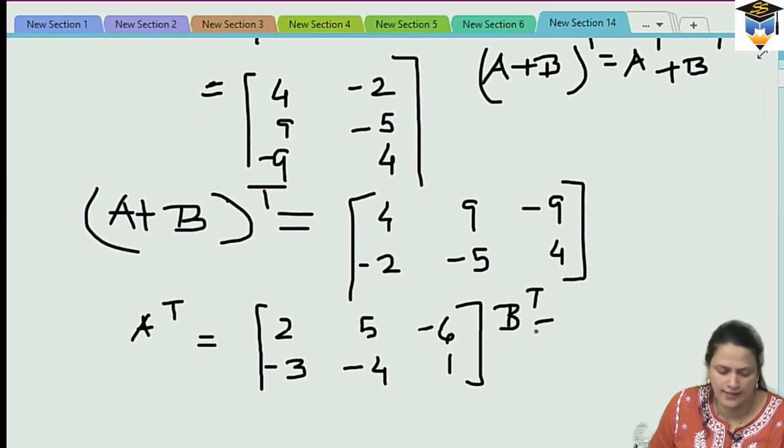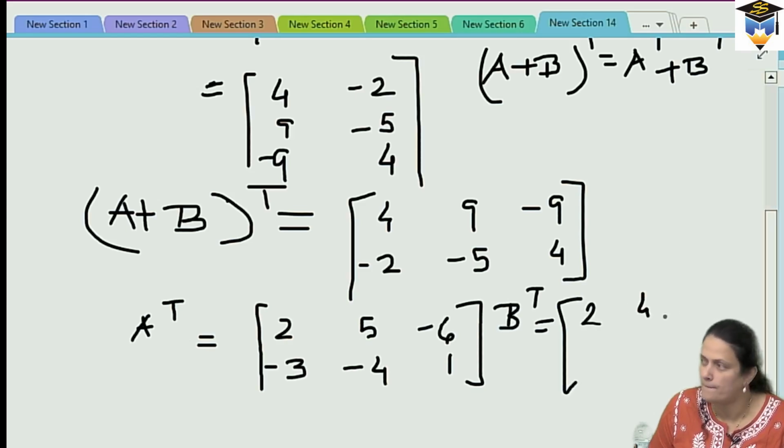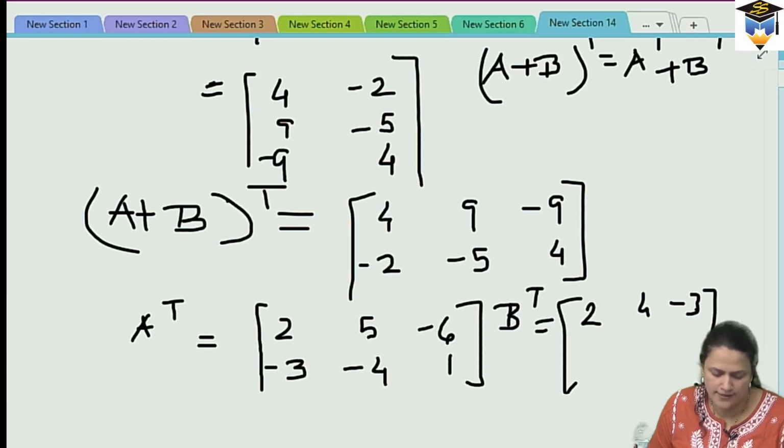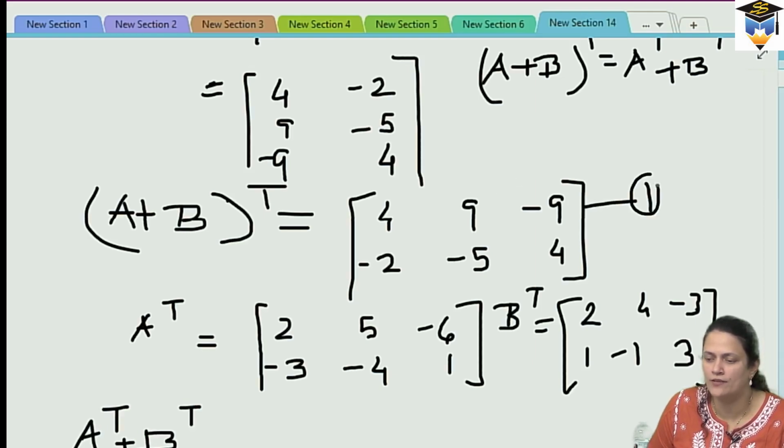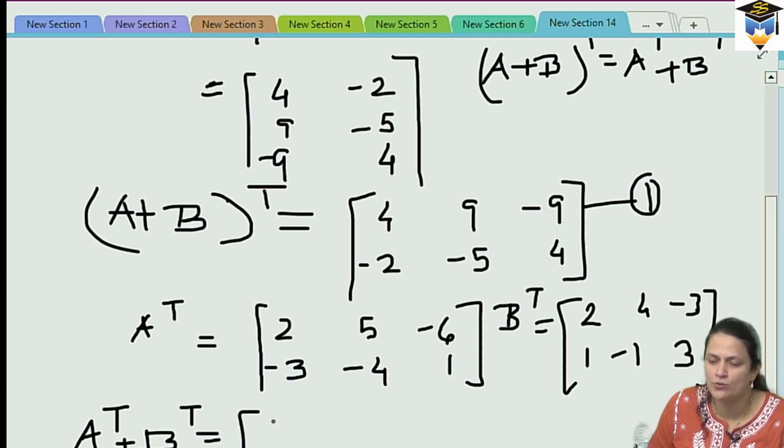B transpose is nothing but 2, 4, minus 3, then 1, minus 1 and 3. Now I am going to add A transpose plus B transpose. So let us mark this as equation 1. And A transpose plus B transpose, so let us add 2 plus 2 is 4, 5 plus 4 is 9, minus 6 minus 3 is going to be minus 9.